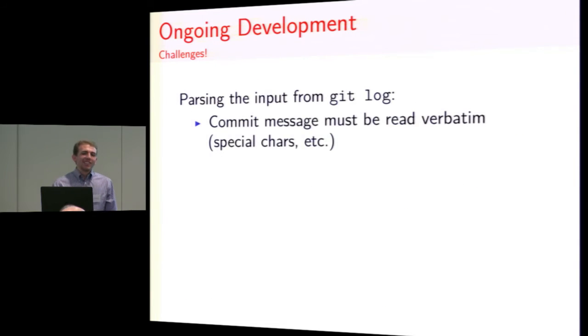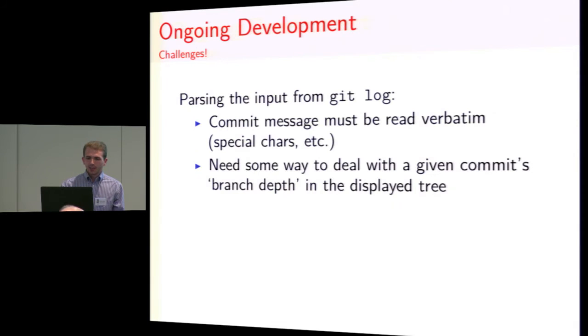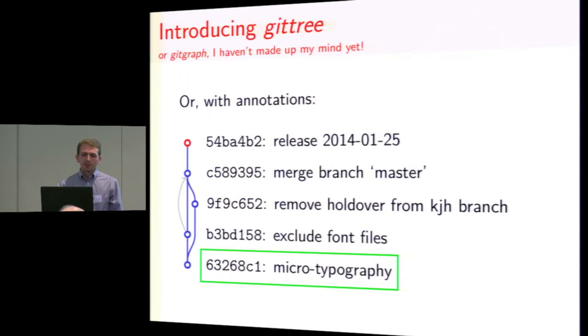So, as I said, we need to parse that input from the git log output, read it verbatim, and take care of any special characters and things like that. And we need some way to deal with the commits' branch depth. The example I showed is pretty simple. We only have branches 2 deep, but in the Paris Metro example, there are like 20-something branches.